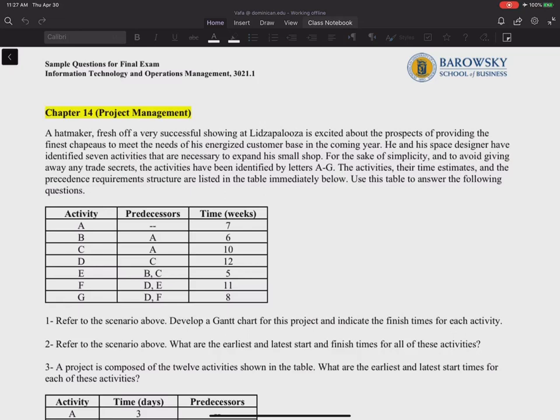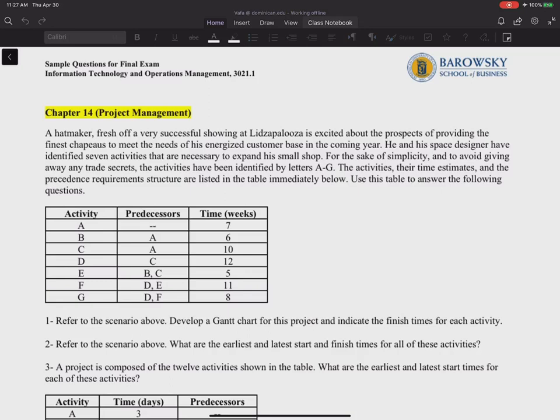For the sake of simplicity and to avoid giving away any trade secrets, the activities have been identified by letters A to G. The activities, their time estimates, and the precedence requirements structure are listed in the table immediately below. Use this table to answer the following questions.